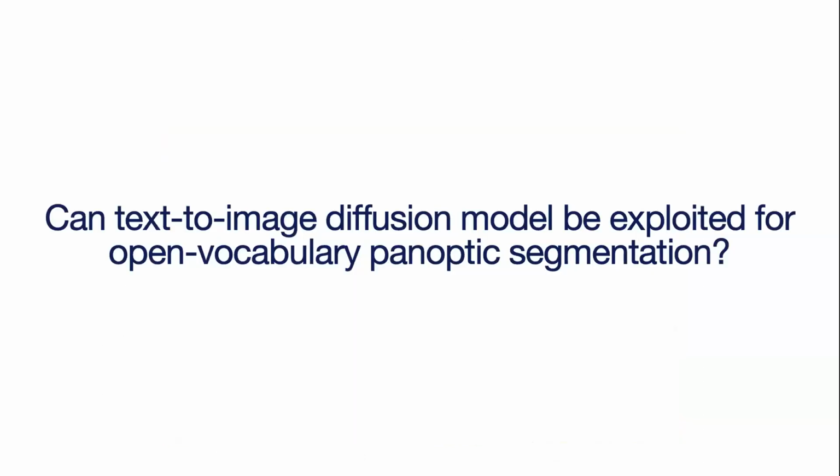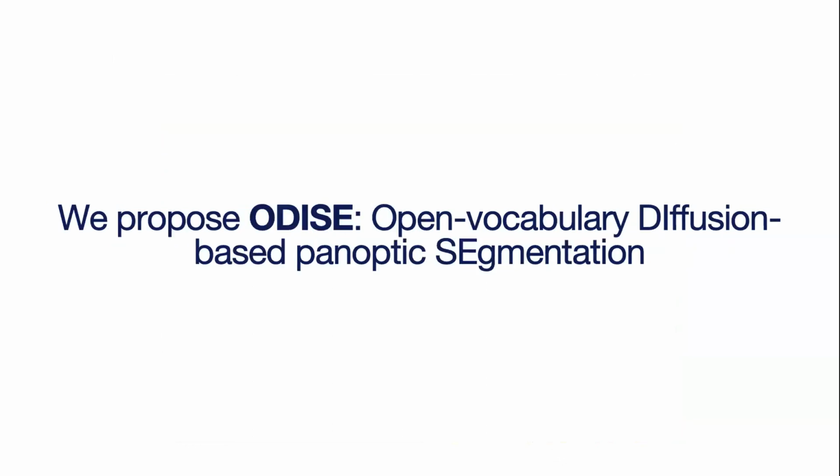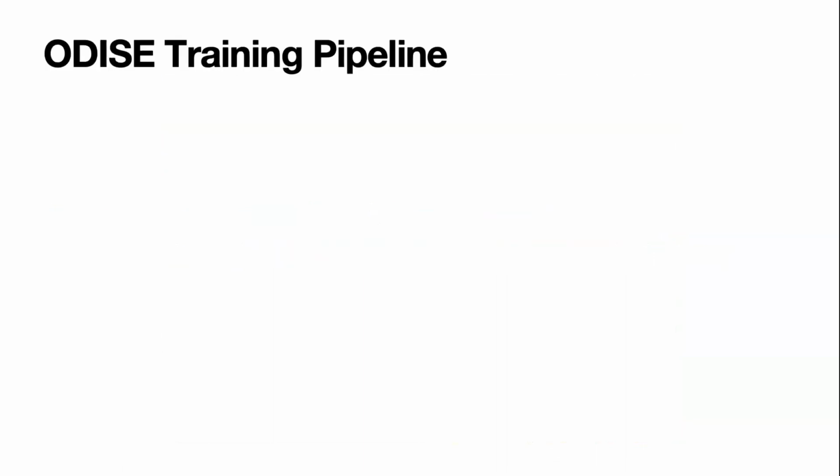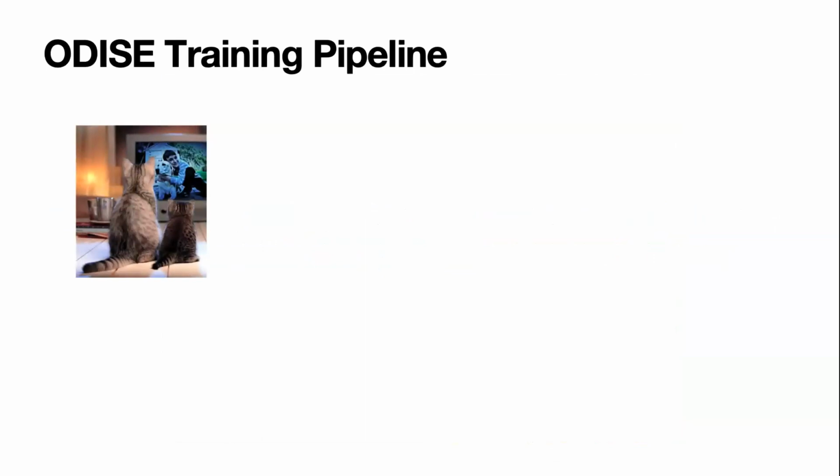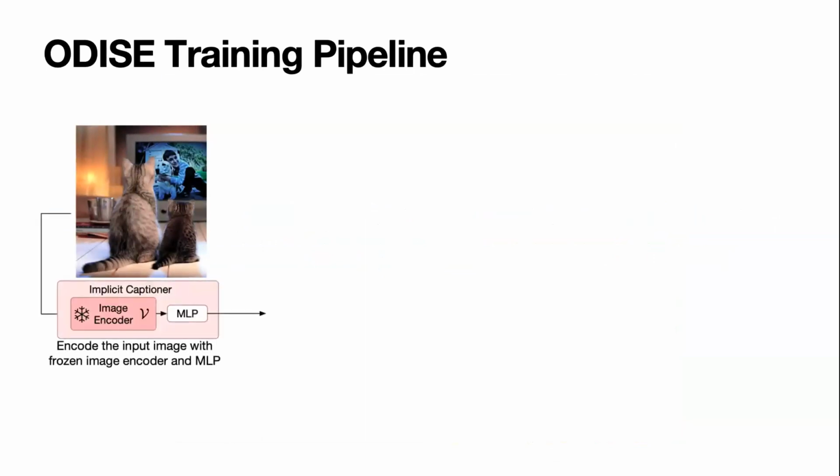So in this work, like I mentioned, we asked the question of, can we use these diffusion models to do open vocabulary panoptic segmentation? So we proposed this framework called Odyssey. And this is the main crux of what I want you to take away from this work. How Odyssey works is you input an image, and this is during training time.